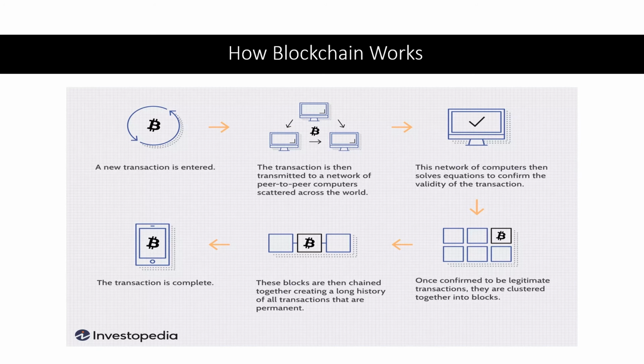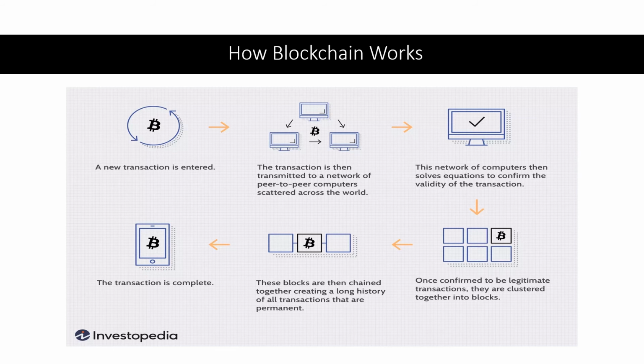Now let's talk about how blockchain works. In this diagram, we are taking an example that we are trying to send a Bitcoin to one of your friends. So typically, a new transaction of a Bitcoin is entered. The transaction is then transmitted to a network of peer-to-peer computers scattered across the world.